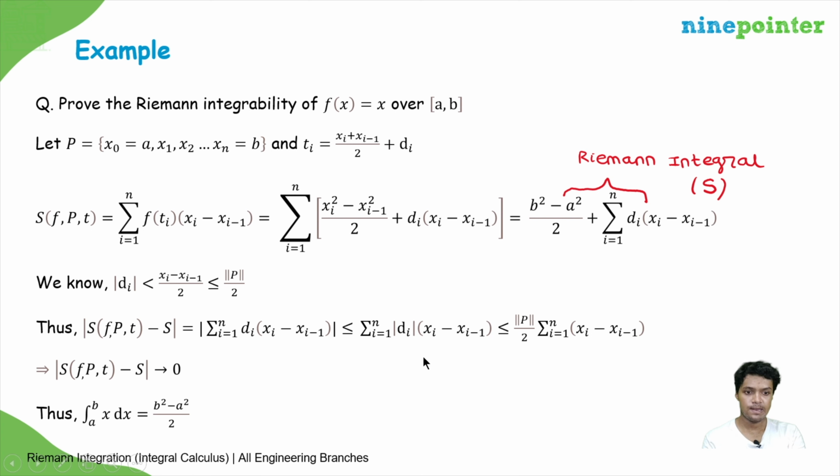So for n tending to infinity, we know that this term will tend to 0, so we can say that this difference tends to 0 as n tends to infinity. So we can see that this Riemann sum is converging to this Riemann integral, and so we can say that f(x) equal to x is Riemann integrable on this interval, and the integral for this function is (b square minus a square)/2.